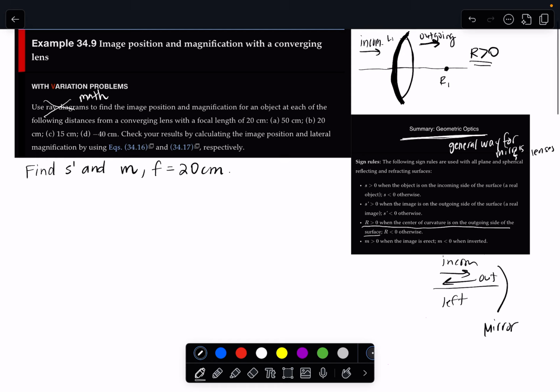For part A, S will be at 50 centimeters. Part B, S will be at 20 centimeters. Part C, S will be at 15, and then D, S will be at negative 40 centimeters.